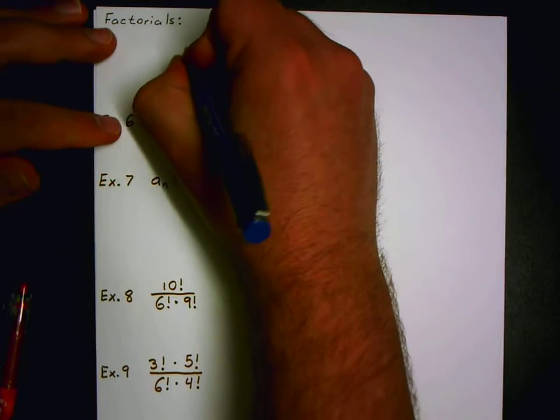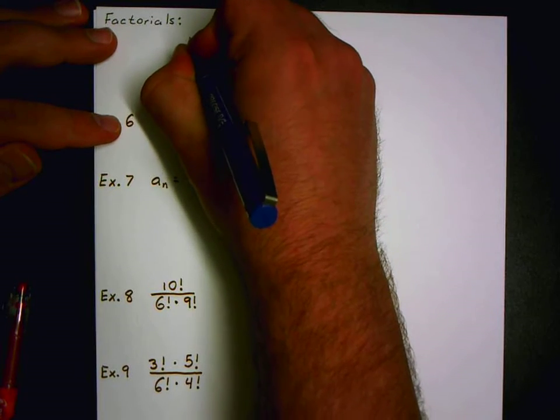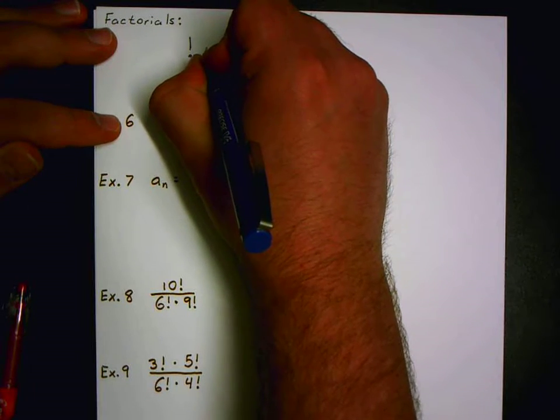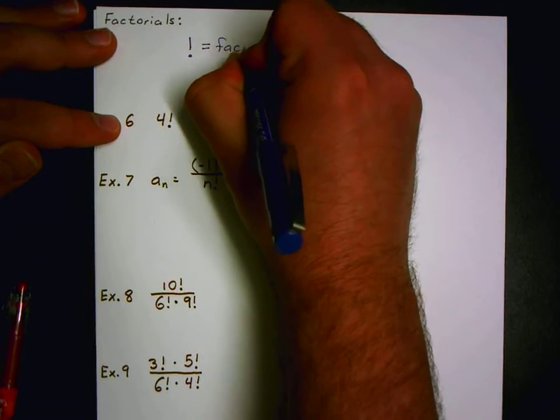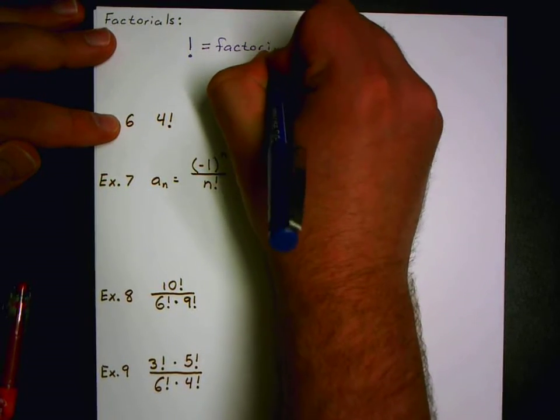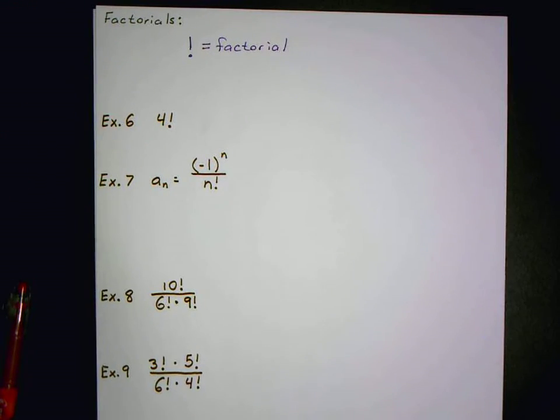Okay, so a factorial, this means factorial. So I'm going to use number 6 to show you what factorial does.